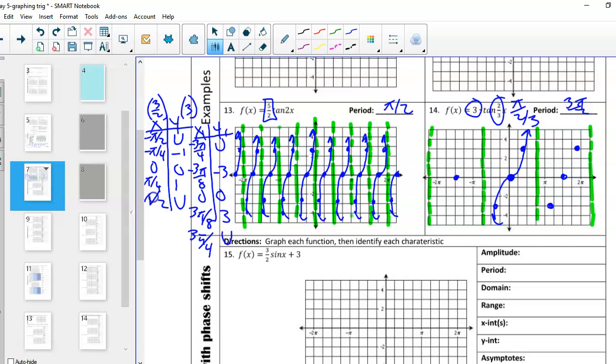And then the same thing for this one. So when your period changes and it's been stretched, you don't have to draw as many. But when it's compressed, you draw a lot more.